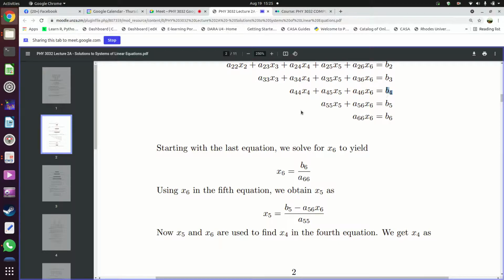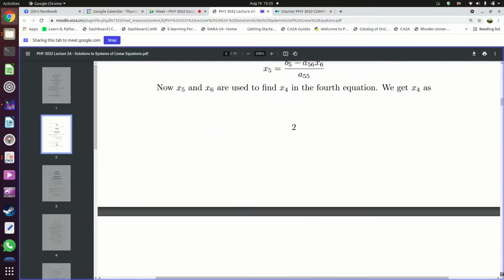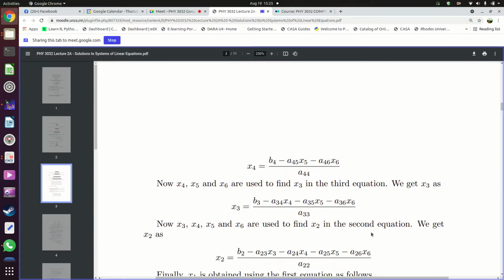Then the whole thing is going to be divided by a44. So you're going to end up with x4 having the following form. You're going to have x4 being equal to b4 minus a45 x5 minus a46 x6 divided by a44.